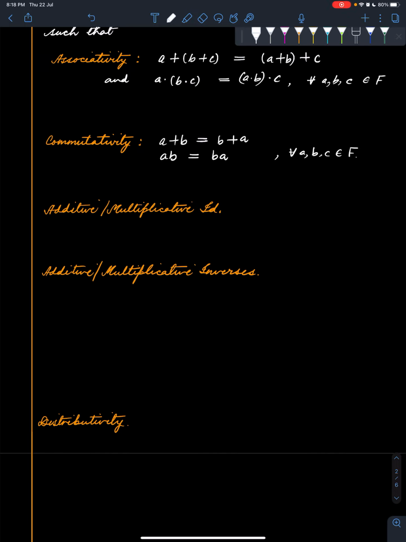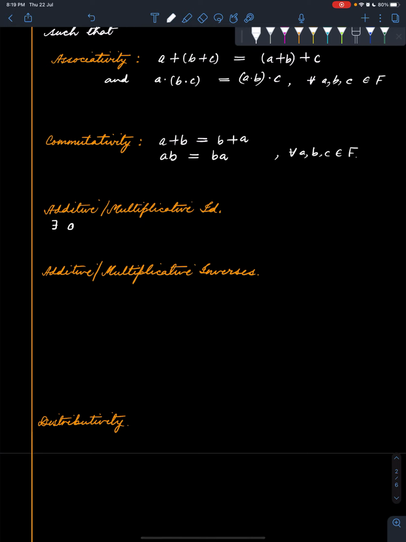And this one is multiplicative and additive identity. So what we insist is that there exists an element in F which we write as 0, such that a plus 0 is a for all a in F. So let me write it in a separate line.